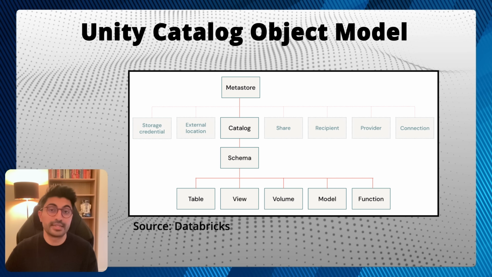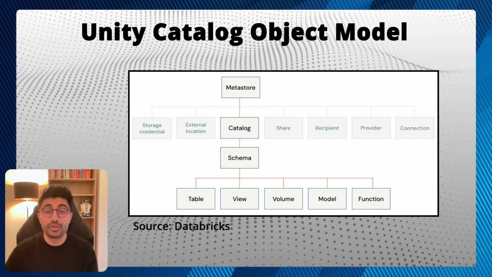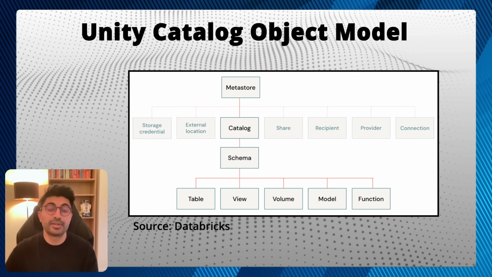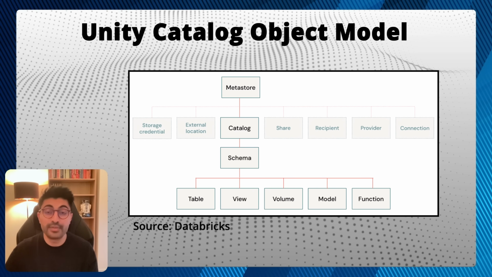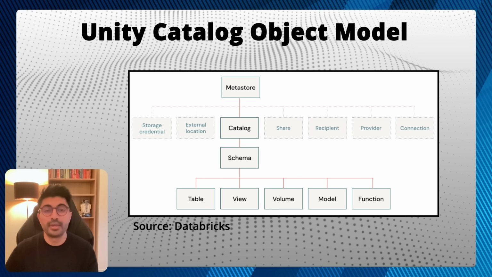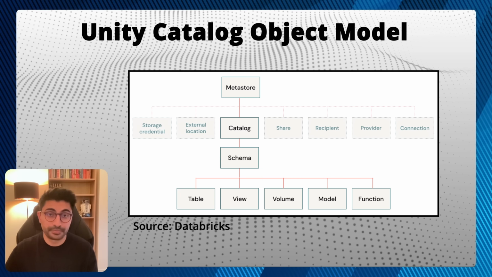Schemas, also known as databases, are the second layer of the object hierarchy. So they store objects such as tables and views. You then have, within each schema, tables, views, functions, and volumes. So volumes will store your non-tabular data. You also have models. Models refer to machine learning models.